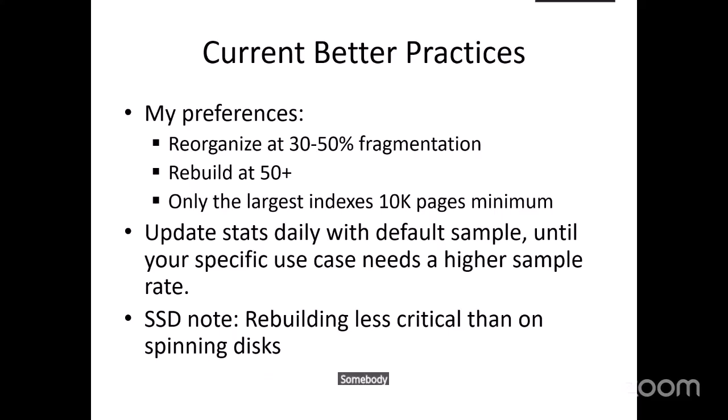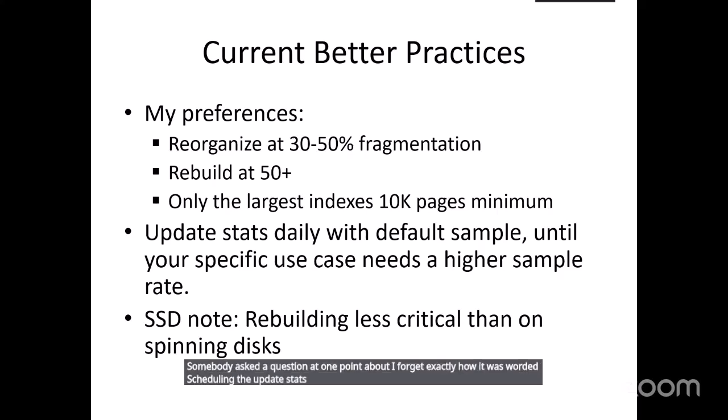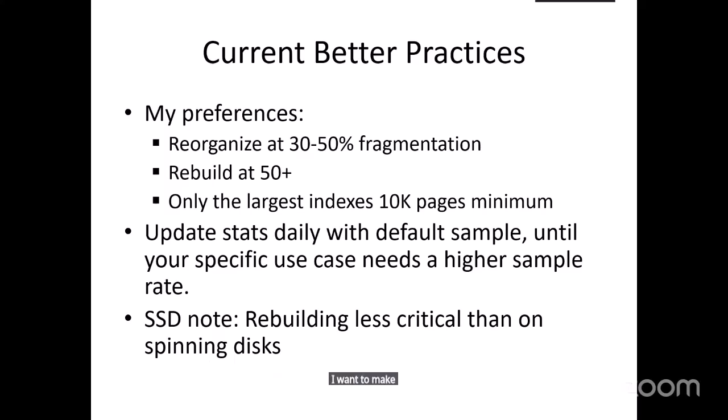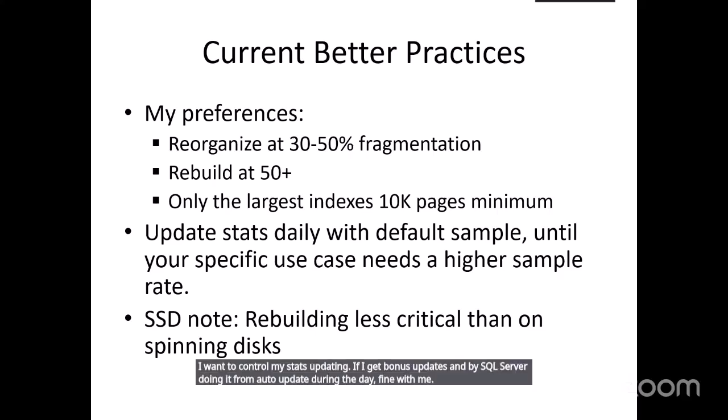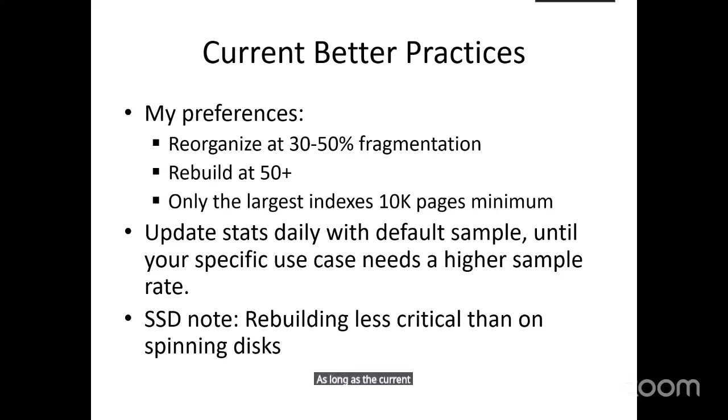Somebody asked a question at one point, I forget exactly how it was worded, about scheduling the update stats when the auto update statistics option of a database is set to true. I want to control my stats updating. If I get bonus updates, by SQL Server doing it from auto update during the day, fine with me, as long as the sample size is correct.